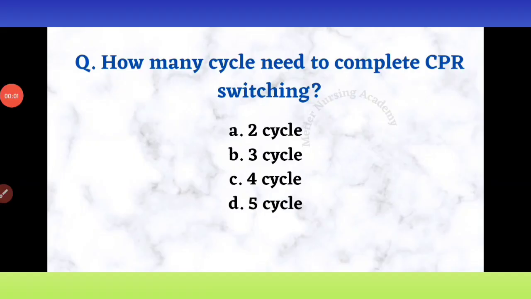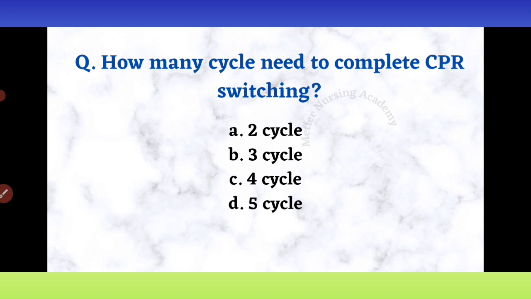How many cycles need to be completed before CPR switching? To solve this question, you should know the meaning of CPR switching. Example: two rescuers are handling the victim, who means the patient. One rescuer is giving the CPR, that is compression of the heart. Another rescuer is handling the airway.